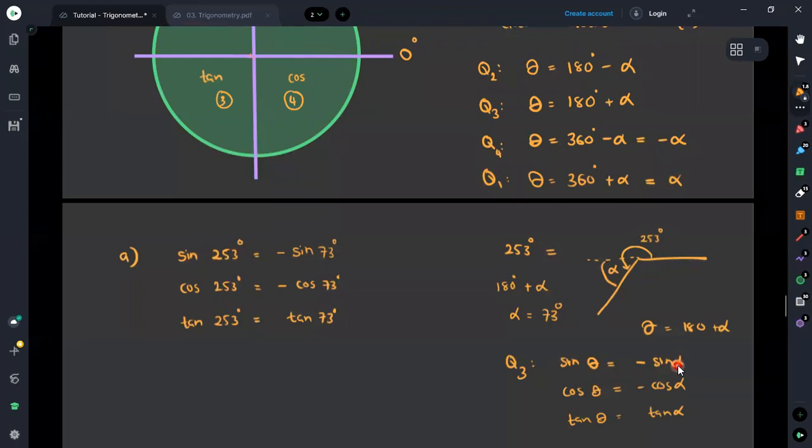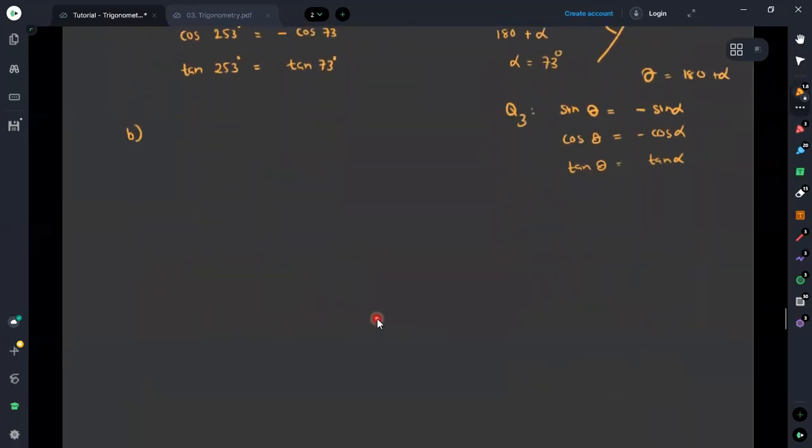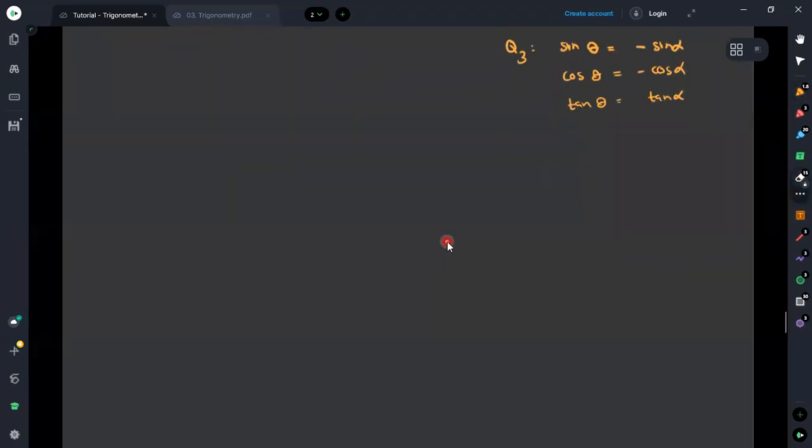And if you calculate the next value, it is for part B. In part B, the value is given in degree measure as 437 degrees. If you measure this angle from the angle 0, we know that completion of one cycle is 360.